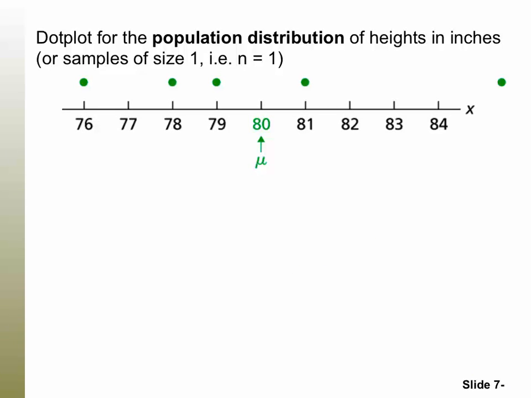Okay, so here's the dot plot for what? The height variable. There were 5 basketball players, and we're doing a dot plot of their height. This is showing the distribution of x, heights.